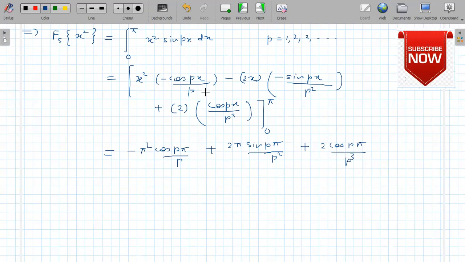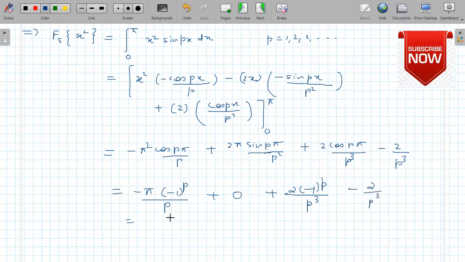At lower limit, these two will be 0 and this will be left, so we have 2 upon p cubed. So cos pπ is minus 1 raised to the power p, whole divided by p. The sine term will be 0. 2 times minus 1 raised to the power p, whole divided by p cubed.